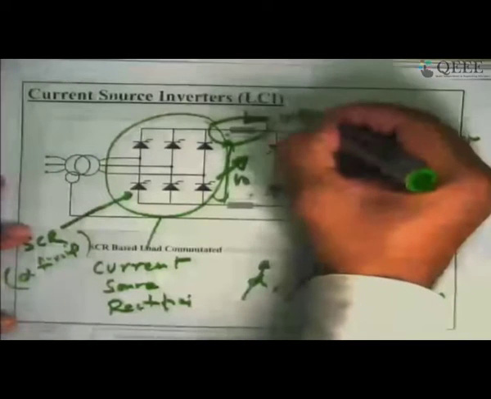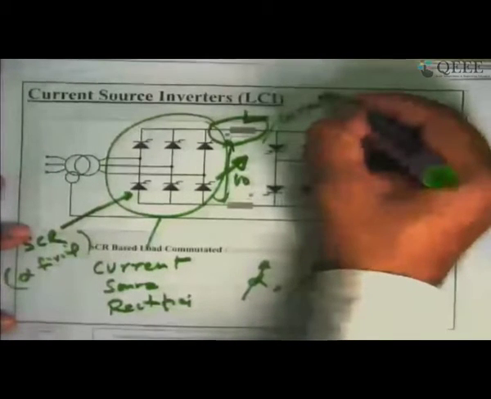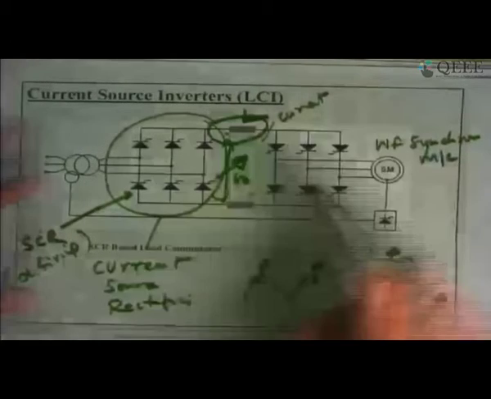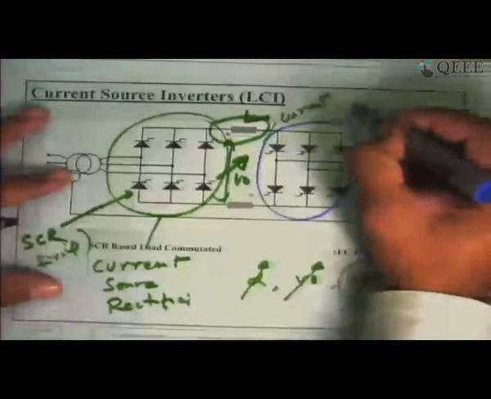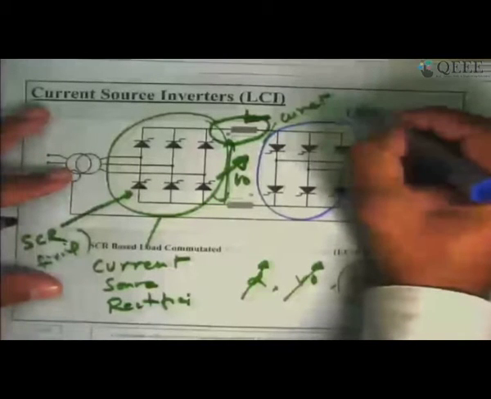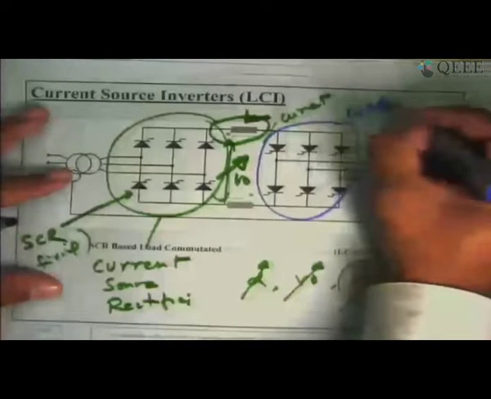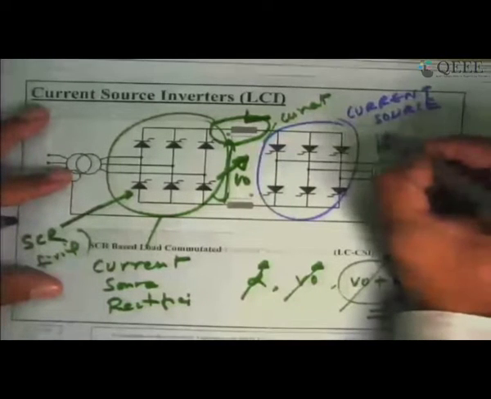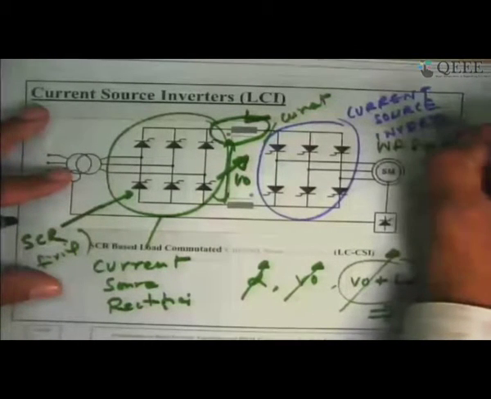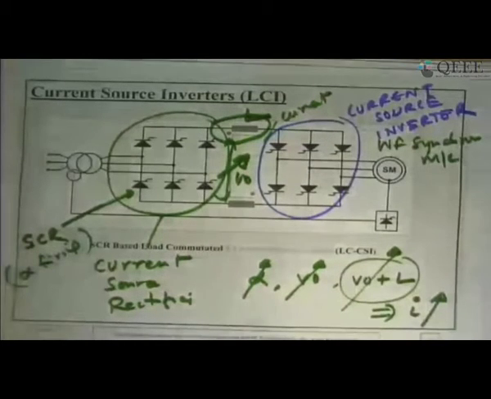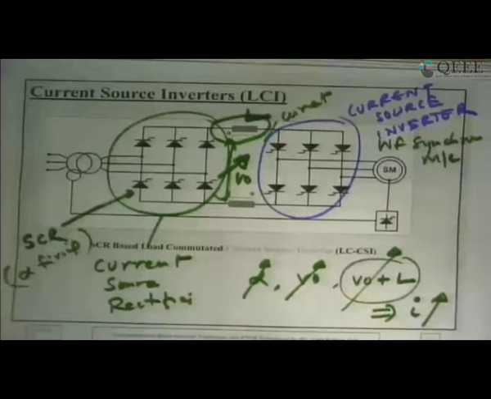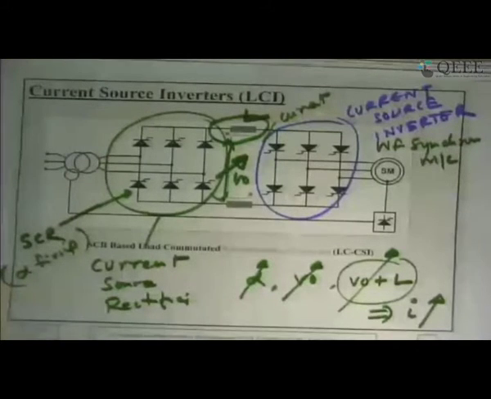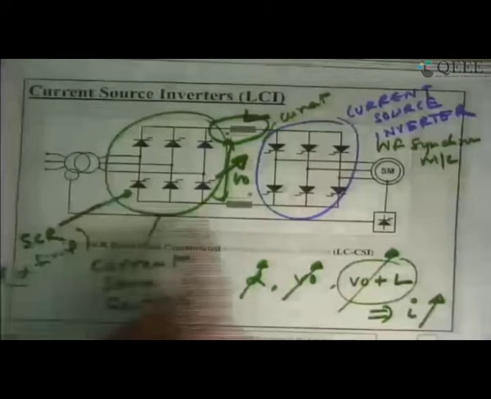So basically current is the input to this part. In a voltage source converter the input is DC voltage, but in this kind of topology the input is current.